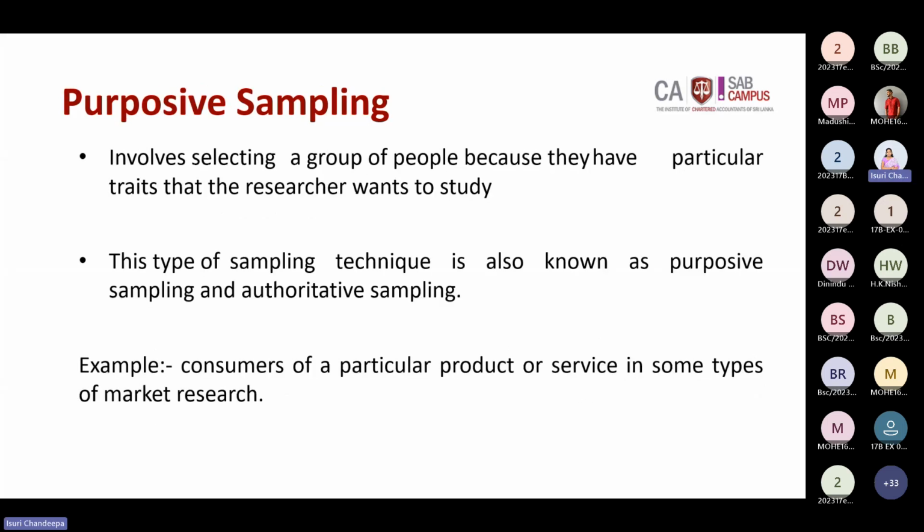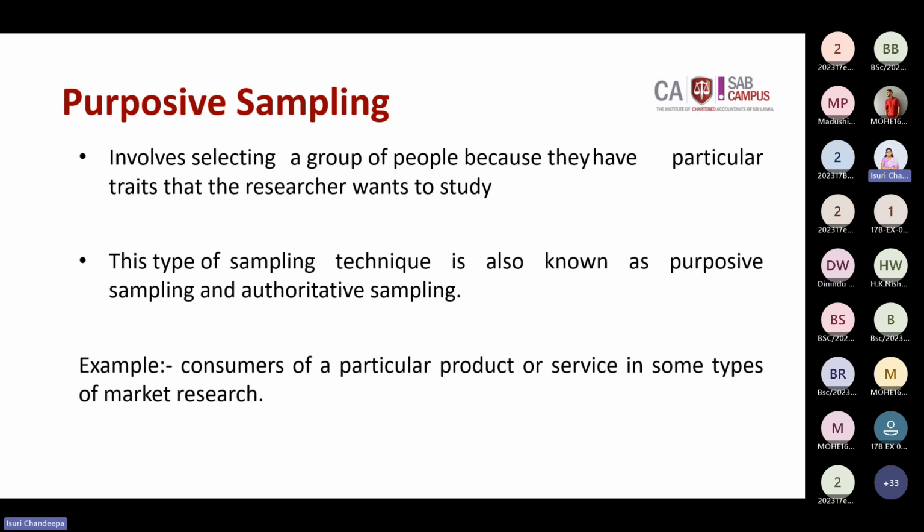Then the probability sampling techniques: simple random sampling, systematic random sampling, stratified random sampling, and the last one, cluster sampling. There are 8 sampling techniques altogether. I hope now you can identify the sampling technique for your study.